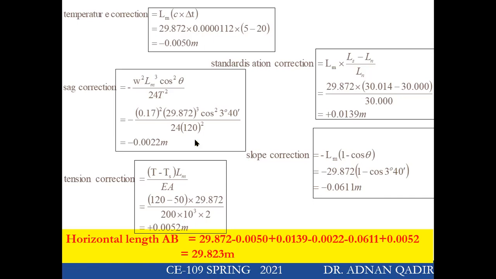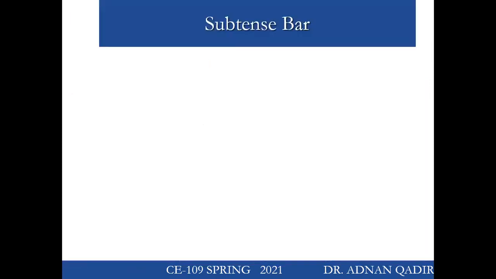Actually you measured 29.872, but it's not 29.872, it is actually 29.823 meter. These are just formulas, and this is the repeat of the previous example with the difference that it has different units of measurement. So that's it with the tape.